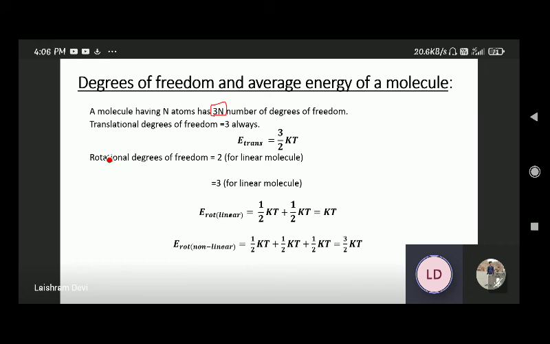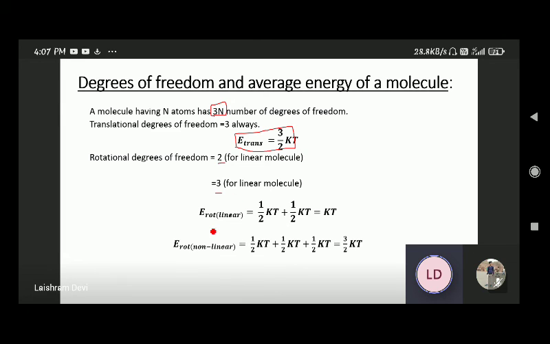So that is what is written here. 3n is the number of degrees of freedom for any general molecule having n atoms. Rotational degrees of freedom is equal to 2 for a linear molecule, and 3 for a non-linear molecule. Change this here, it should say 3 for non-linear molecule, okay? So E translational contribution will always be 3/2 kT, that is fixed.